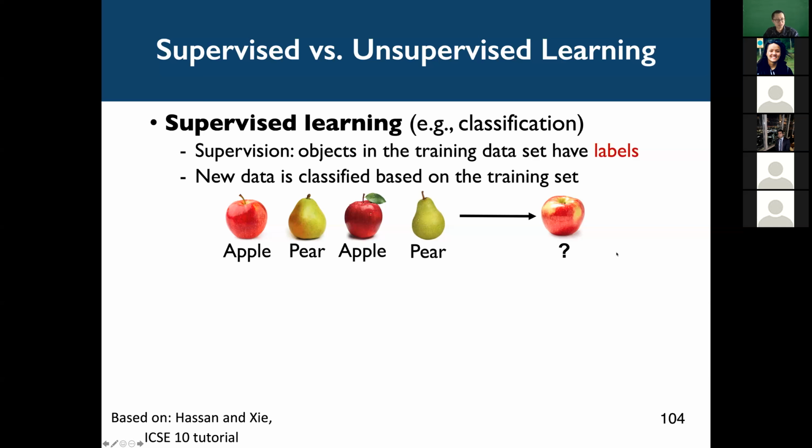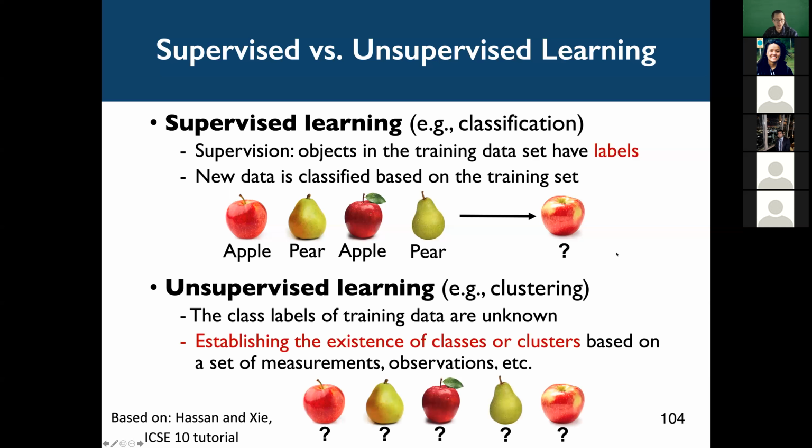So what is unsupervised learning? In unsupervised learning, we don't have the labels. We don't use a label to train the model. Actually, we establish the existence of classes or clusters based on a set of measurements or observations, such as the taste, the color, the shape.